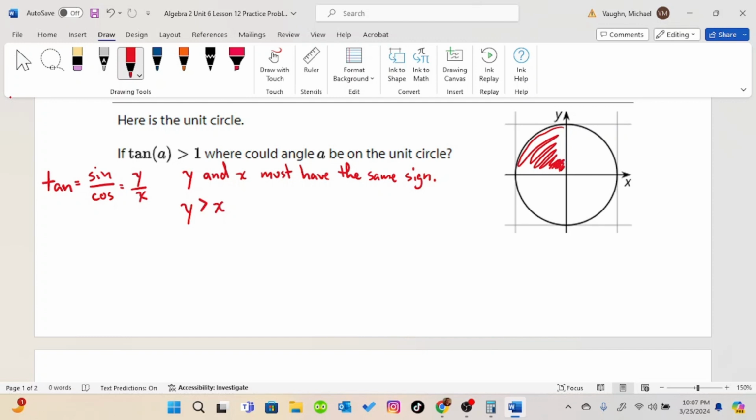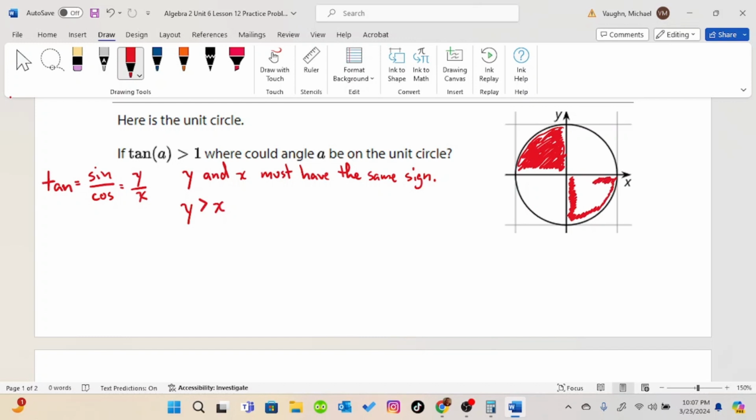In this quadrant, x is negative and y is positive, so we would end up with a negative tangent. And the opposite thing happens down in quadrant 4. In quadrant 4, y is negative and x is positive.